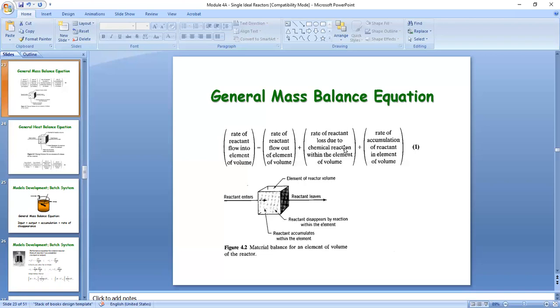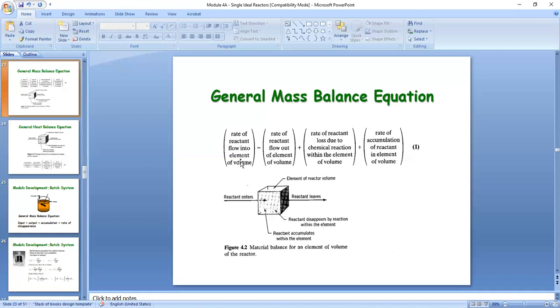And next is the rate of accumulation of the reactant in the element of volume. Is there an accumulated amount of reactant that remains at any particular time in your element of volume here? If there is, then this has to be accounted for also. But later on, you will know when we speak of the batch and the continuous reactors, we have two, the CSTR and the PFRs, that there are terms here that we can equate to zero because they don't apply for that particular system that we are applying the mass balance on.